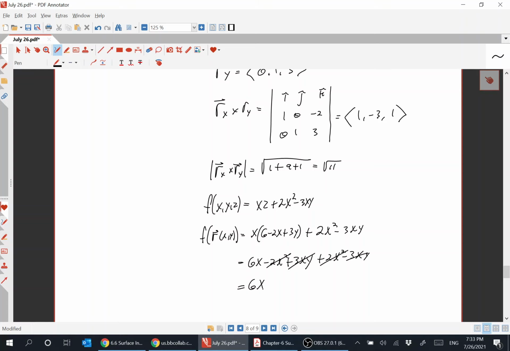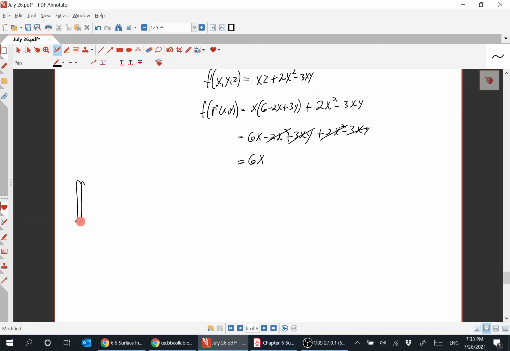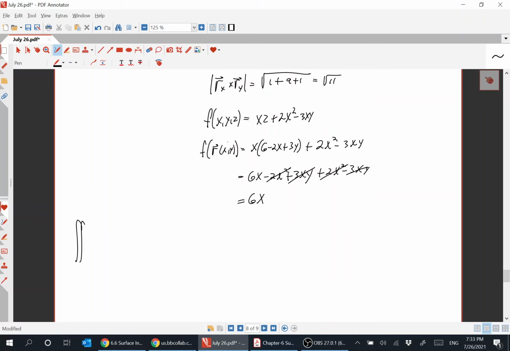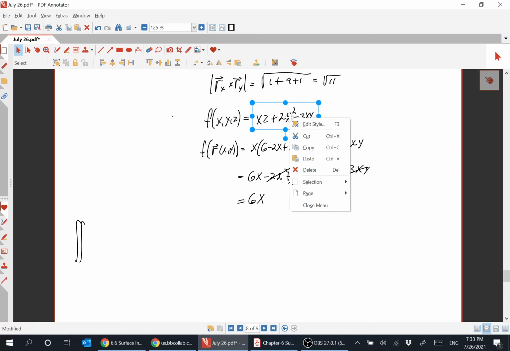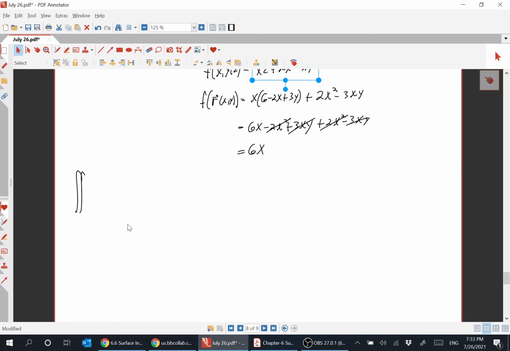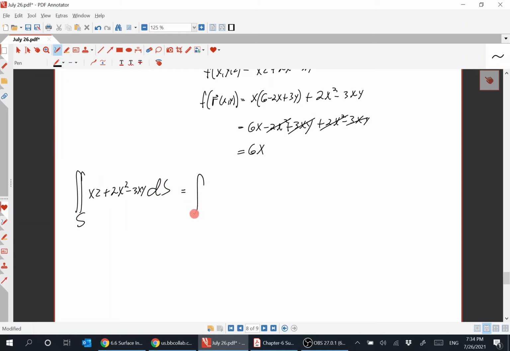All right, so now the surface integral over S of that is the double integral over R. Okay, and that's the little square in this example.